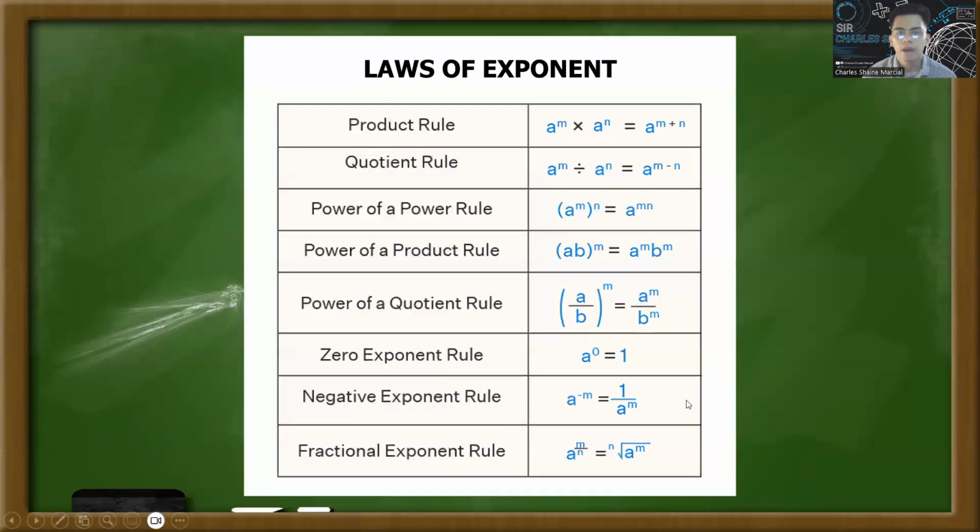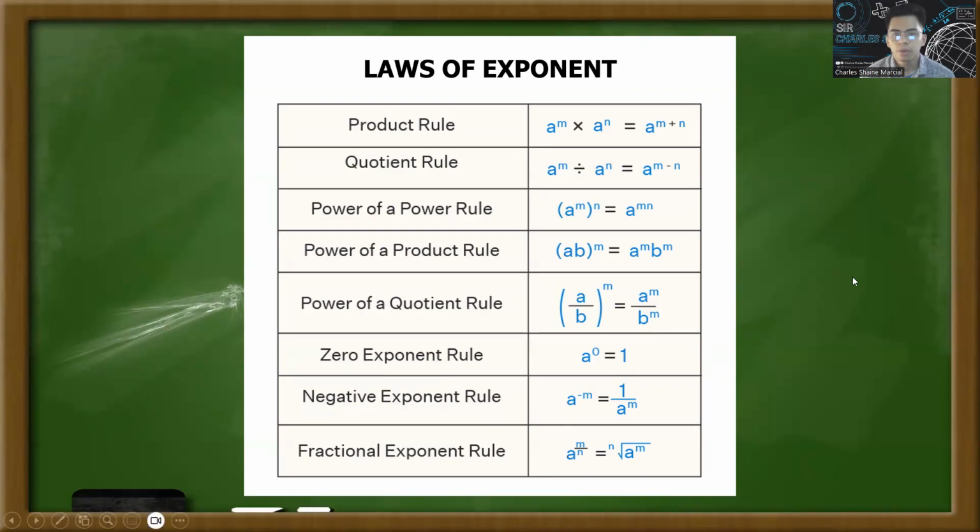Okay po. Now, ito yung iba pang rule sa laws of exponent: the power of quotient rule, zero exponent rule, negative exponent rule, and fractional exponent rule. Why? Diniscuss ko lang si product rule, power of power rule, and power of product rule because we can use this in our next video, which is multiplication of polynomials.